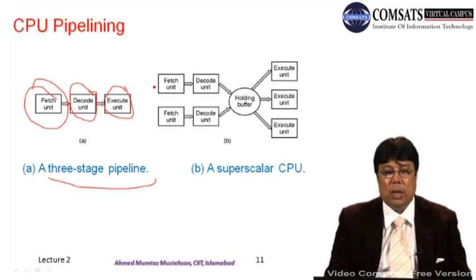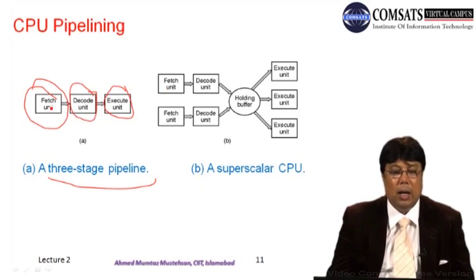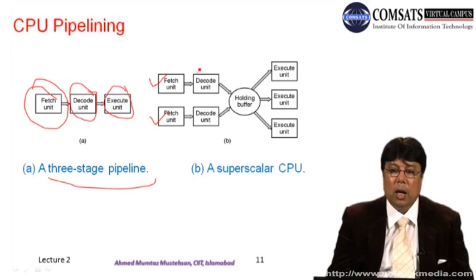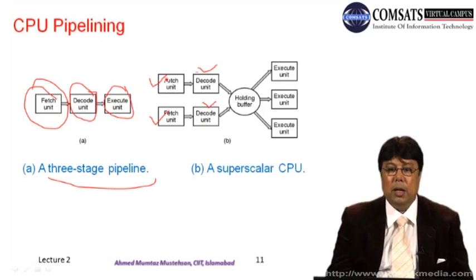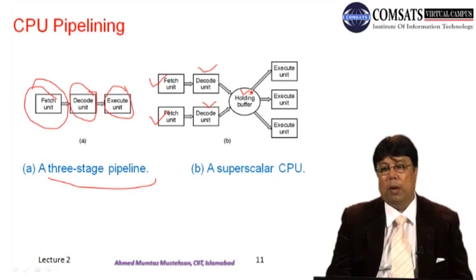In the superscalar, you can see that instead of one functional unit, we have got two functional units. Two fetch and two decoding units are there. So simultaneously multiple instructions are fetched, multiple instructions are decoded, and then they are placed into the holding buffer.